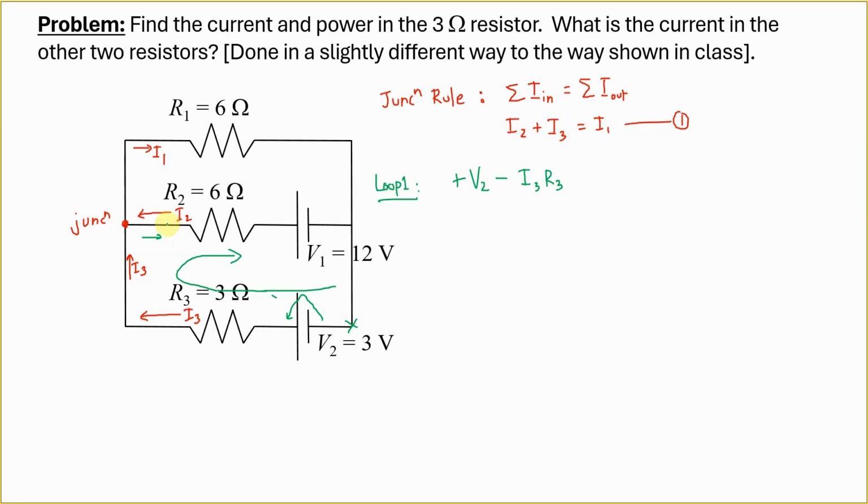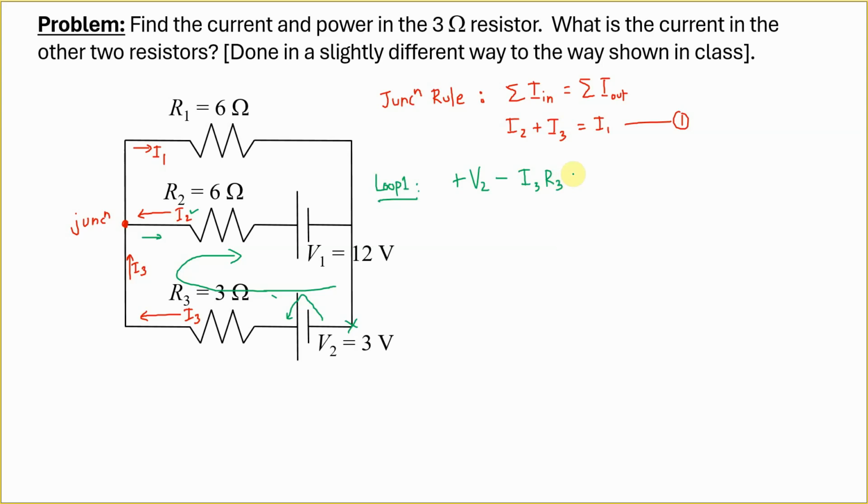What is the current through R2? The current is I2, right? That is the current that I have said goes through R2. So since I'm going against the current, that means I'm going against the electric field through a resistor. So I have to push my way through the current. That means I have to increase my potential energy. I have to do some more work. That means I will increase my electric potential.